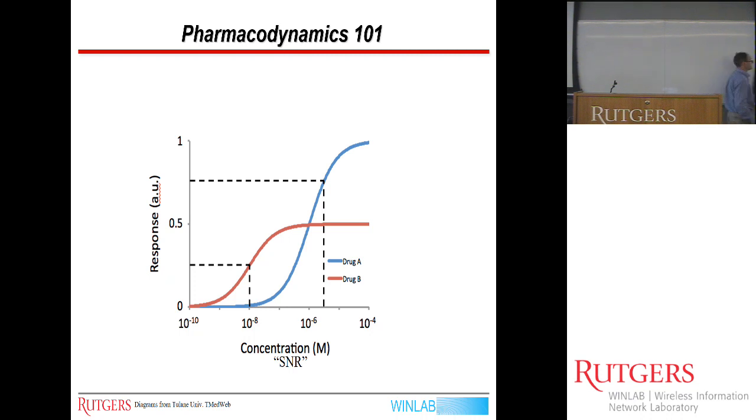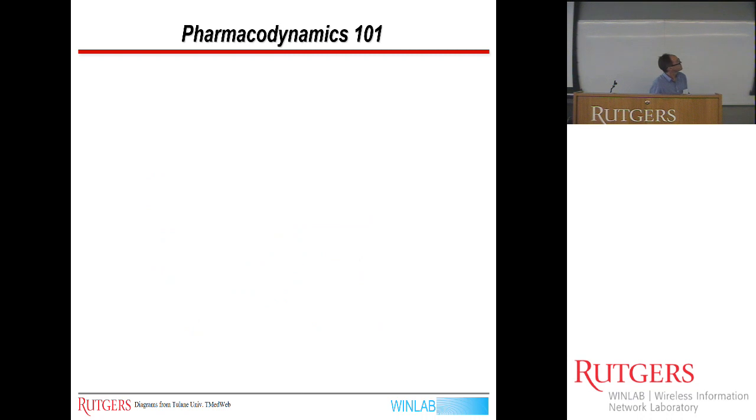So here we have increased concentration, and then the effective response of one drug versus another. What is different, though, is unlike the Shannon log of 1 plus SNR type shape, we tend to get sigmoids in pharmacokinetics or pharmacodynamics.